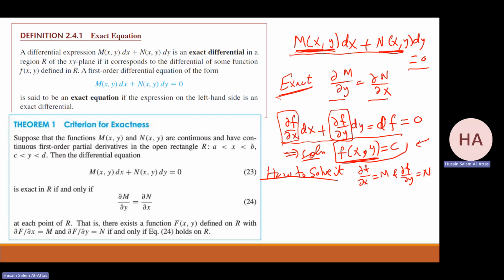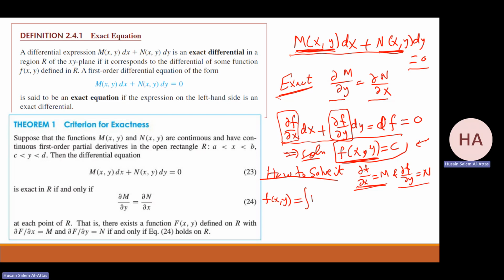So the procedure, you start with one of these, either this one or that one. I assume I started with this one. If I now integrate this partial f with partial x, I get f of x, y, which I'm looking for.